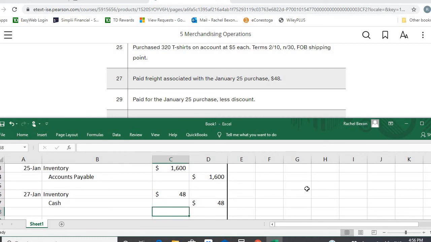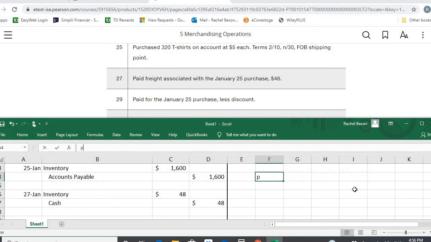Now, on the 29th, we're going to pay for the January 25th purchase less the discount. We know that we get the discount because we're paying within 10 days, and the amount of the discount is 2%. But be careful. Freight is completely unrelated to that transaction, other than it adds to the value of inventory. We're not going to get a 2% discount on our freight. Instead, we're going to get it on the original purchase.